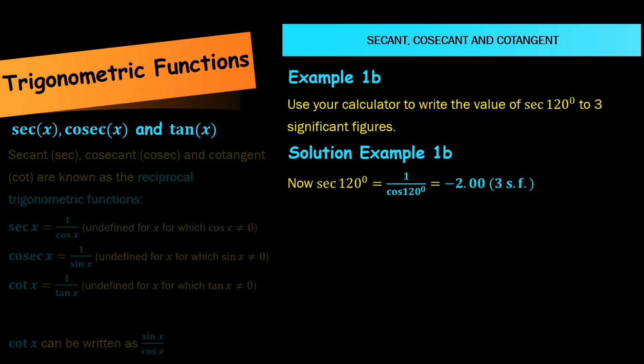And plugging this into our calculator or from memory gives us that this is equal to minus 2.00 to three significant figures. And this, of course, is the value of sec 120 degrees.